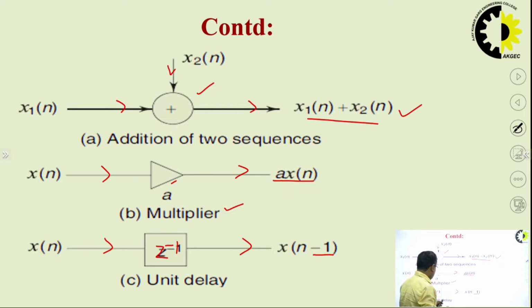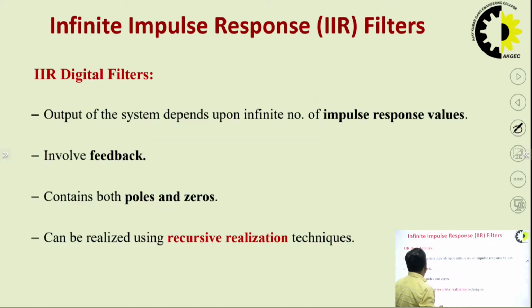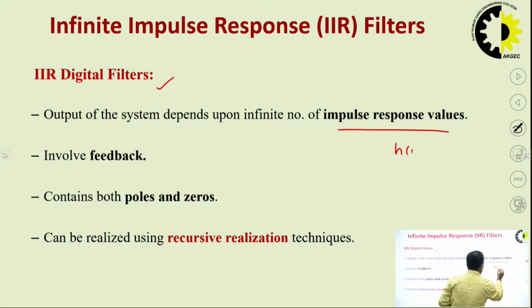Okay. Next. Now, we will see regarding our IIR filters. First, the output of the system depends upon an infinite number of impulse response values. What I told you? If your h of n is of infinite duration, it depends upon an infinite number of impulse response values like h of n.